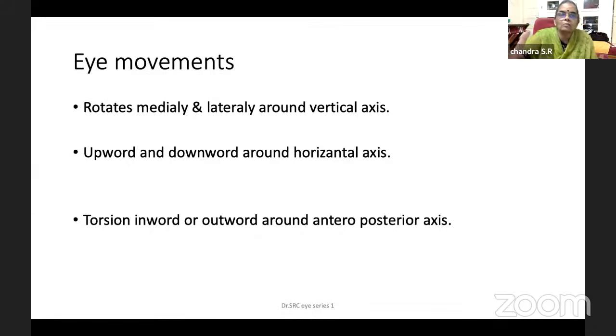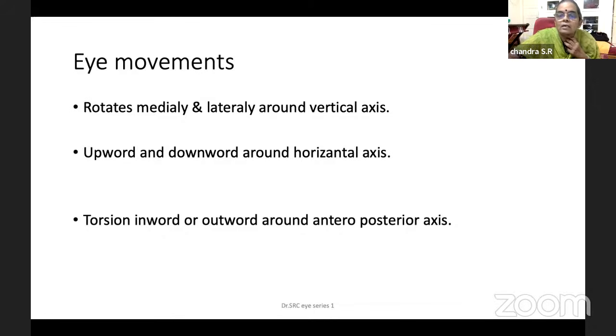So those are the 3 important axes: the vertical axis, horizontal axis, and anterior-posterior axis. Vertical axis for medial and lateral rotation, horizontal axis for upward and downward movement, anterior-posterior axis for torsion. So very important basic things.